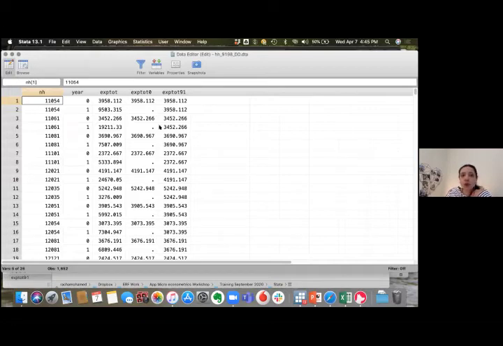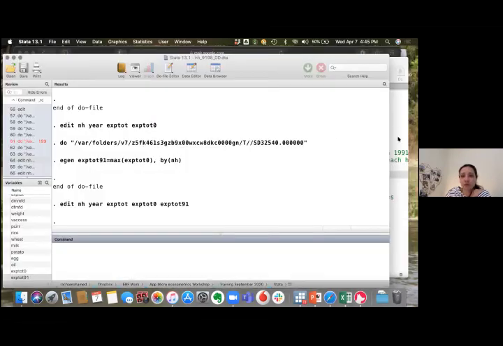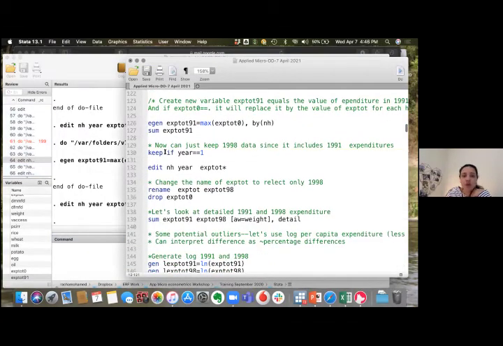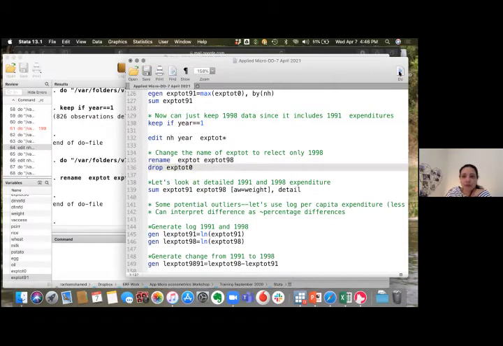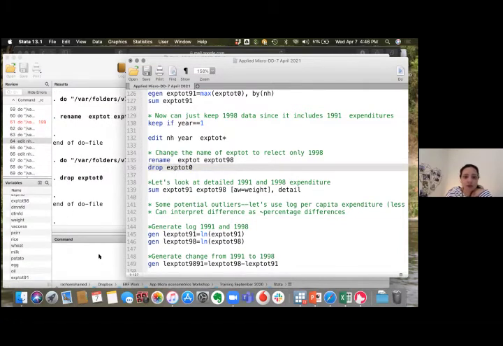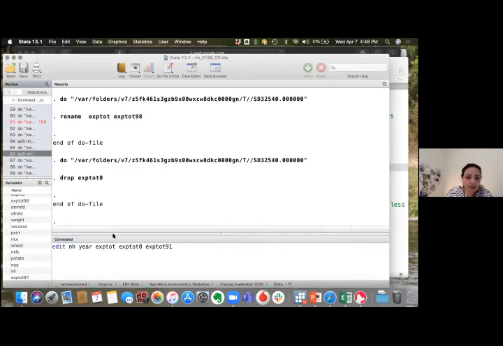And then I will drop the other values to have total expenditure in 98 and total expenditure in 91, to have the two periods in time. So I will keep if year equals 1, and I will rename total expenditure 98, and I will drop total expenditure 0, and you will see what we will get.